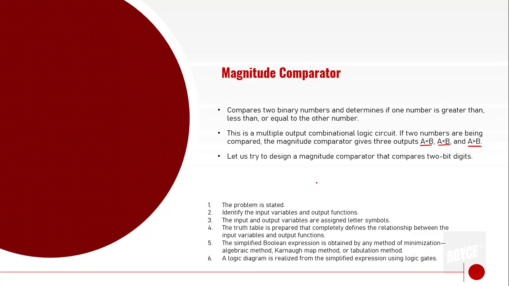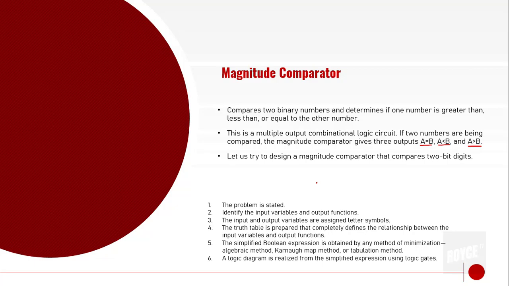First is we have to state the problem. Second is we have to identify yung mga input variables, and ano ba yung output function natin? Input variables: ilan ba yung input? Is it like 2 inputs, 3 inputs, 4 inputs, and so on? And then output function: what are our desired outputs?